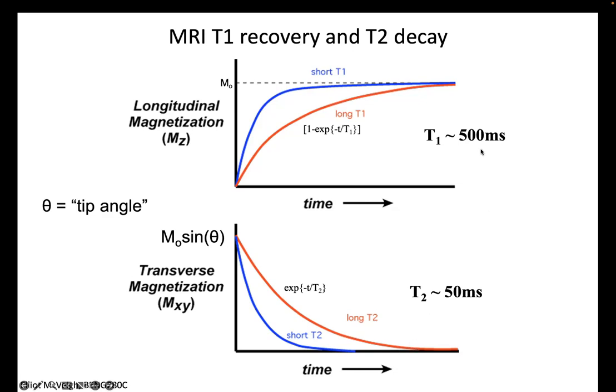Typical values range a lot, but T1 can be anywhere from tens of milliseconds for really weird materials up to seconds. But in muscle, it's around 500 milliseconds, something like that. And T2 in muscle is around 50 milliseconds. In cerebral spinal fluid, both of these are much longer than that.